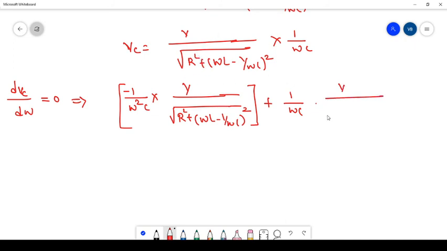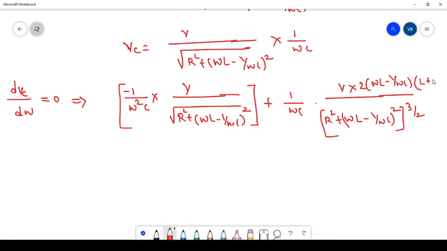So we are going to get the square root of r square plus (omega L minus 1 by omega C) whole square, that is root nothing but 3 by 2 into (omega L minus 1 by omega C) whole square, that is 2 into (omega L minus 1 by omega C) into (L plus 1 by omega square C) equals 0 here.